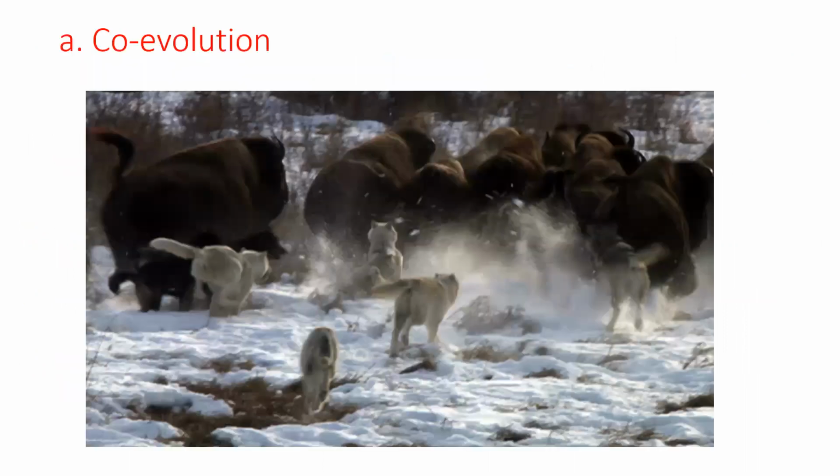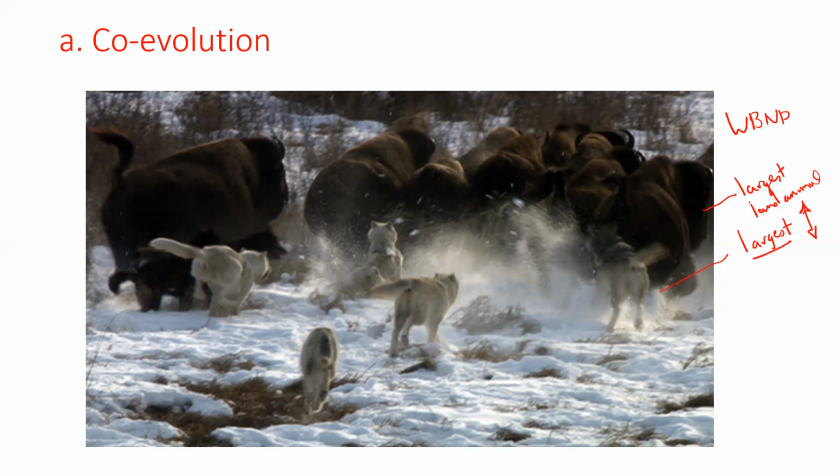Okay, my example of coevolution is in Wood Buffalo National Park. This is in northern Alberta, where the largest wolves in the world occur because of the largest land animal. So they exert selection pressures on each other. The predators are large because if they weren't large, they wouldn't be able to bring down a 1-ton male bison, for example.